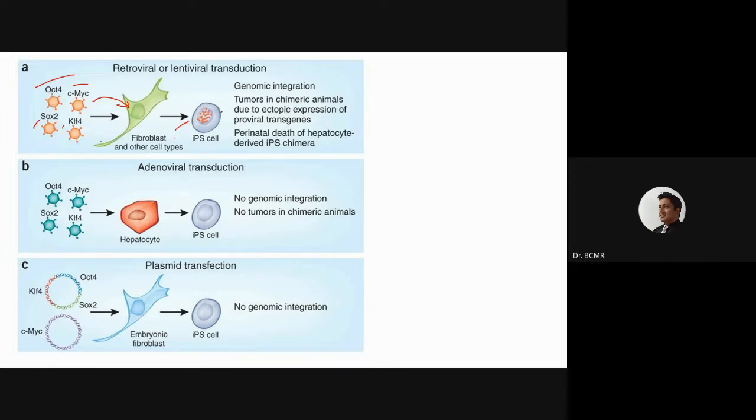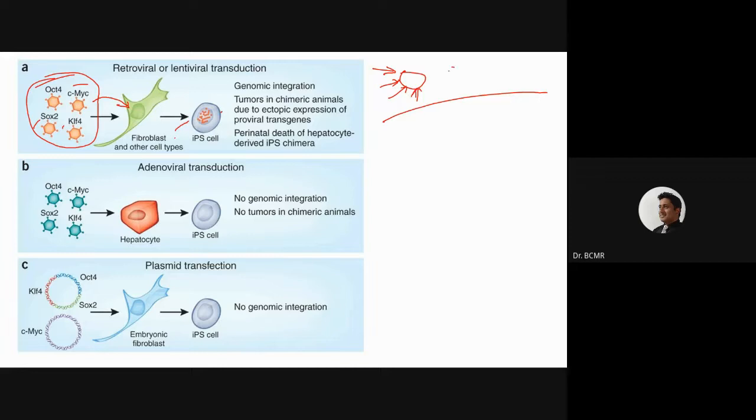And then when the genes get overexpressed, they become reprogrammed. So in retroviral and lentiviral vectors, what happens? If we clone them in 4 different vectors like this, then the probability that one cell will be infected by all the 4 is very low.